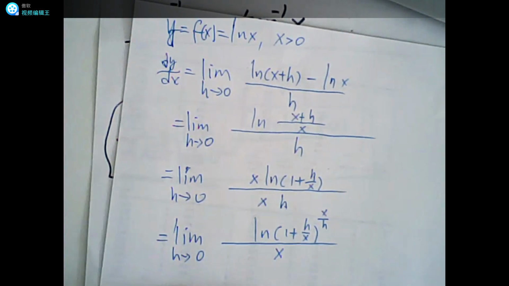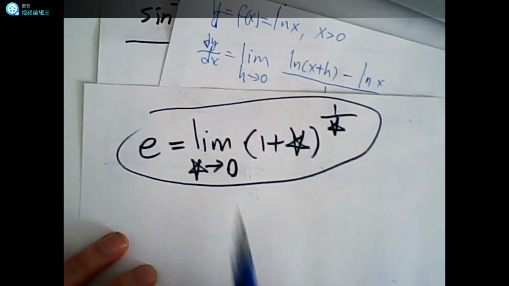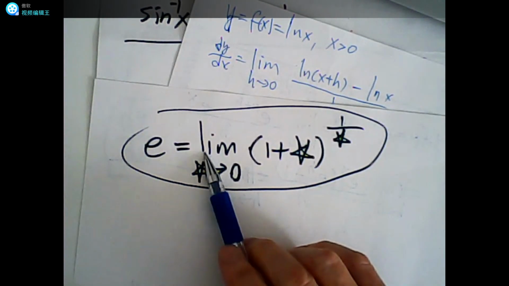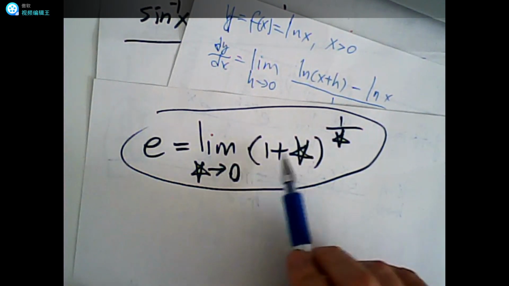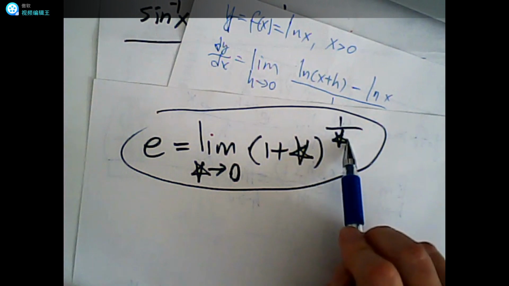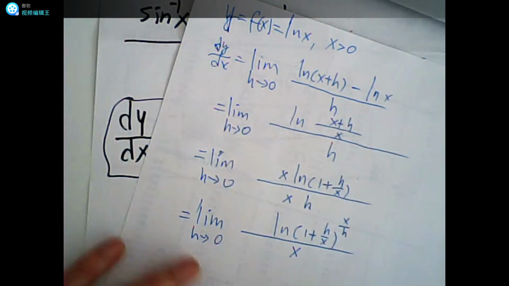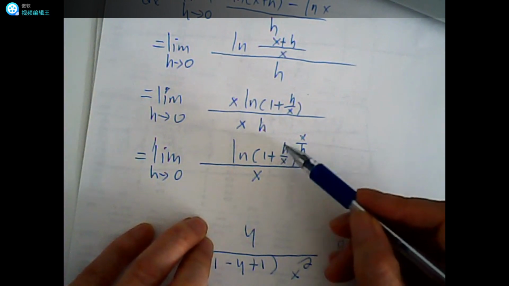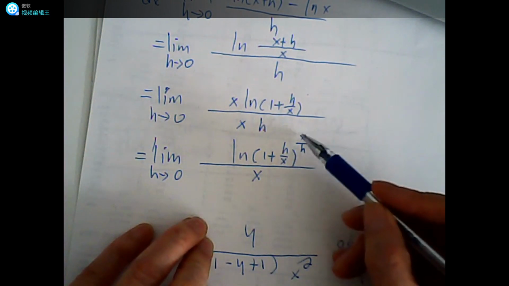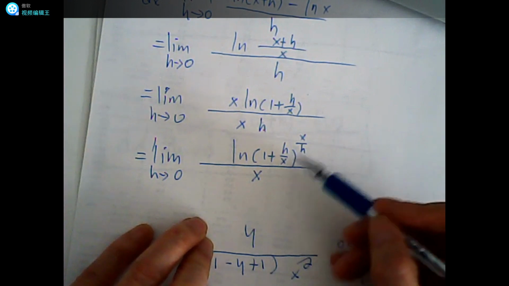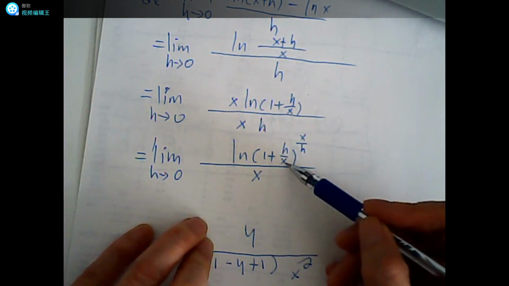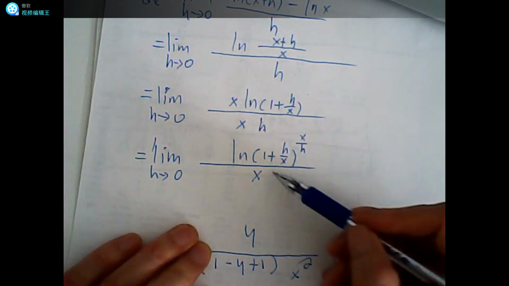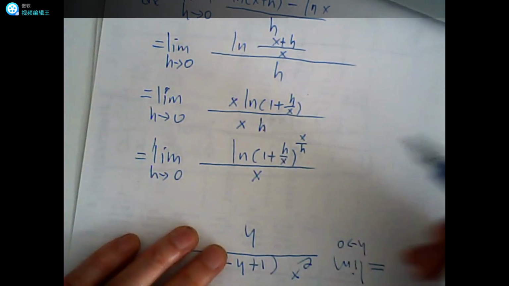What is the definition? This is the definition of e: the limit as something goes to 0 of 1 plus something, to the power 1 over something, is e. Now here, h over x is going to 0, and this is 1 over h over x, so this is nothing but e.